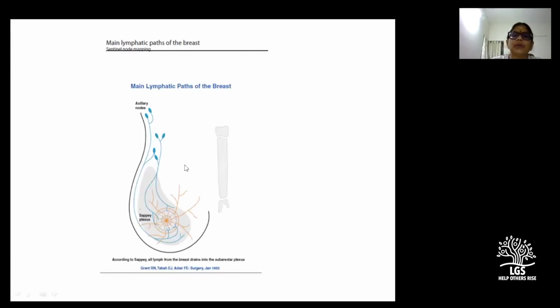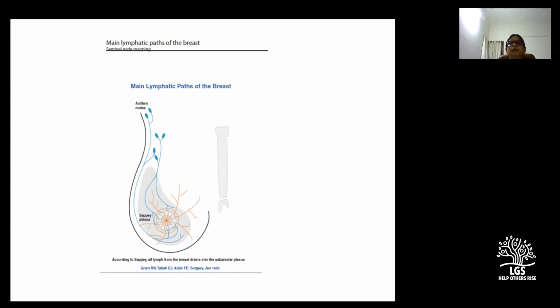So it's important to understand the lymphatic drainage of the breast. We all know these anatomical terms: prepectoral, pectoral, retro-pectoral, interpectoral, level 3 nodes. The pectoralis minor divides the axillary triangle into what is lateral to the pectoralis minor, behind the pectoralis minor, and medial to the pectoralis minor.